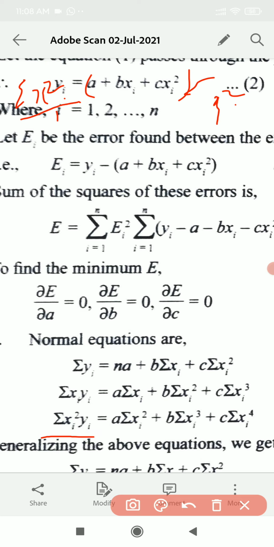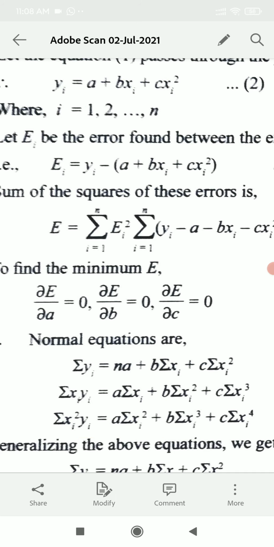Then a summation xi square, then b summation xi cube, because square and xi become cube. Then square and square give c summation xi power 4. This is the answer, students.